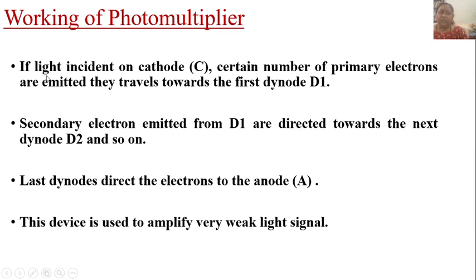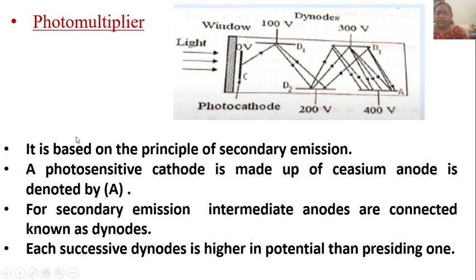Now how does this work? If light is incident on the cathode C, a certain number of primary electrons are emitted and they travel toward the first dynode D1. Then secondary electrons emitted from D1 are directed toward the next dynode D2 as shown in the figure.